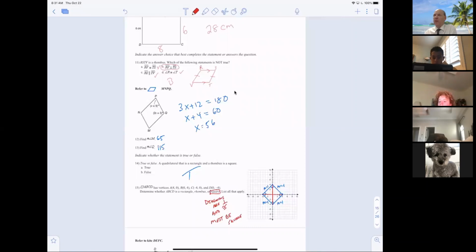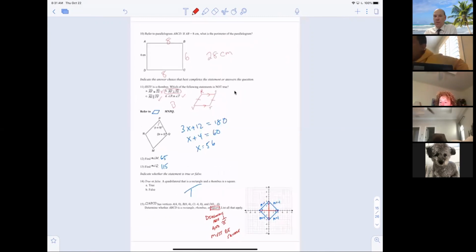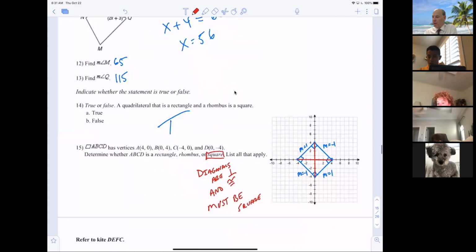Remember, if something is a square, it's also a rhombus, correct? All right. Nobody has any questions on through 15, guys? 15, it is a square.